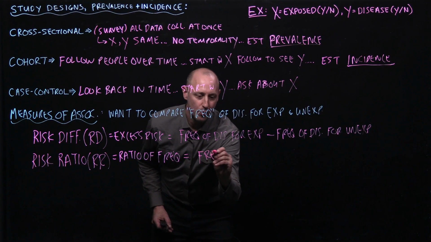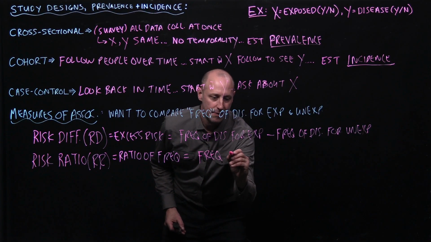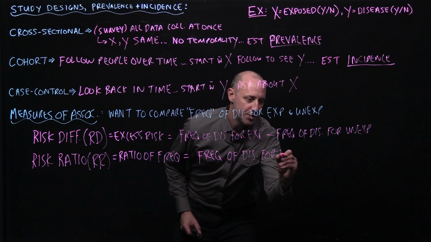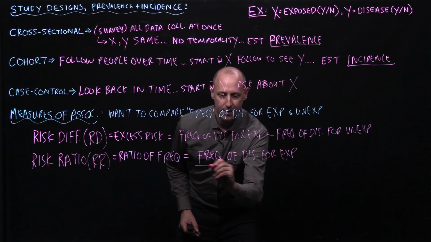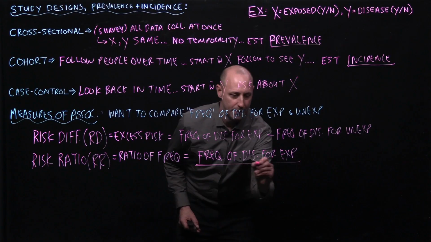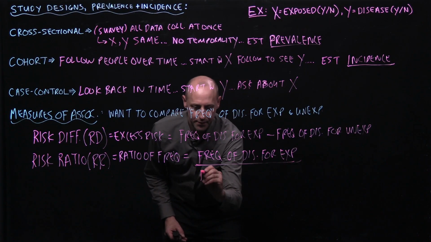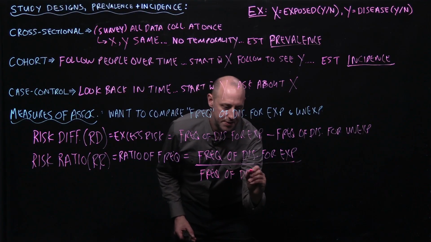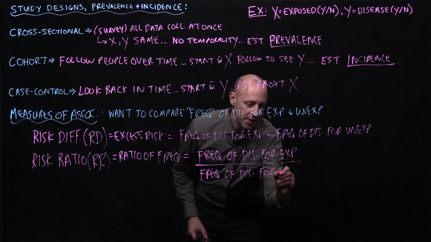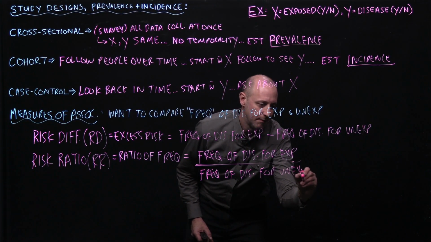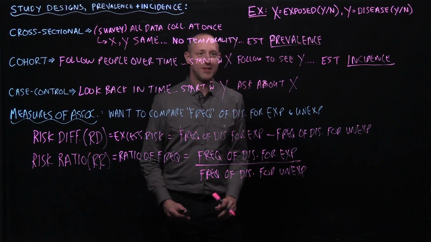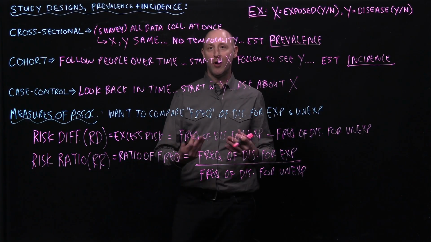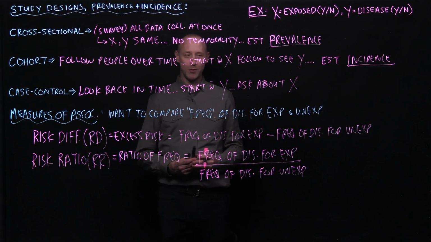We can look at the frequency of the disease for the exposed divided by the frequency of the disease for the unexposed. If this came out, say, to be 2, what that's telling us is those who are exposed are getting the disease twice as often as those who aren't.